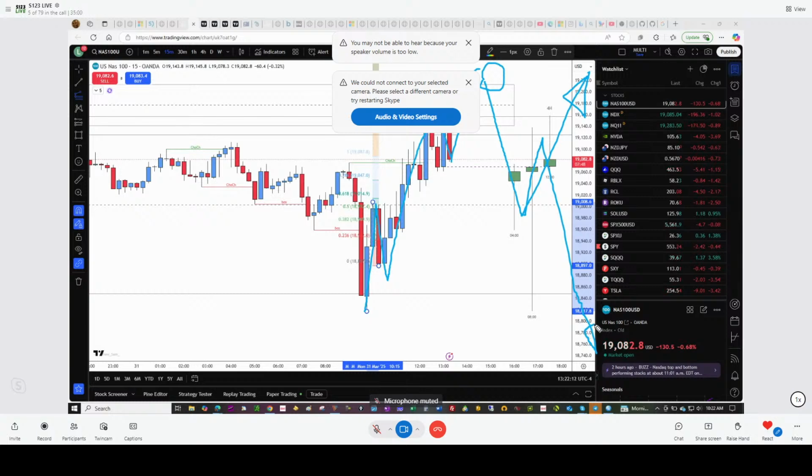That's the opposite scenario. So it all depends on how they play this out here. It looks like we're going to get quite the chop in here, though. We'll see.